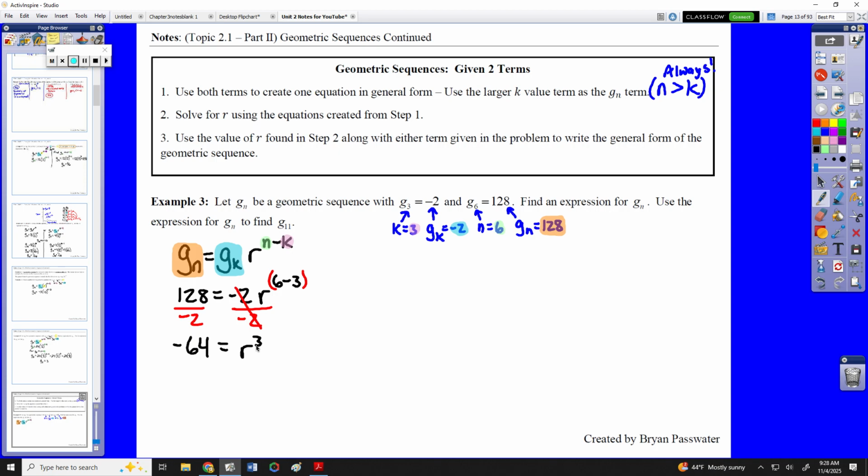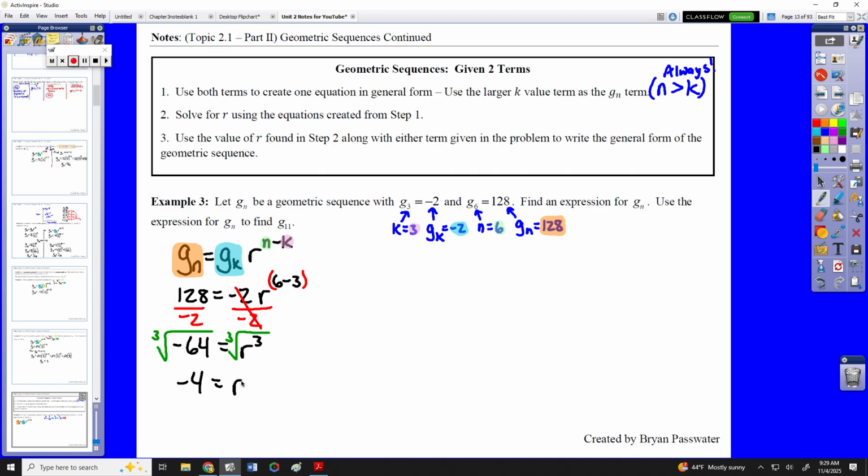And then if we want to get rid of the third power, we need to take the third root. So we are going to take the cube root of each side to get r by itself. The cube root of negative 64 is negative 4, which means our r value is negative 4.